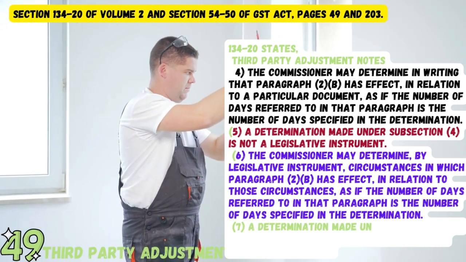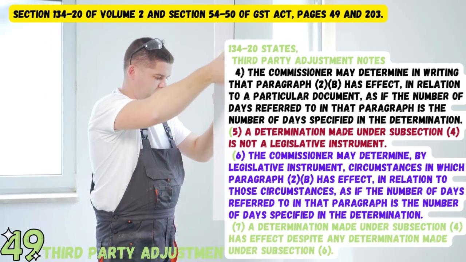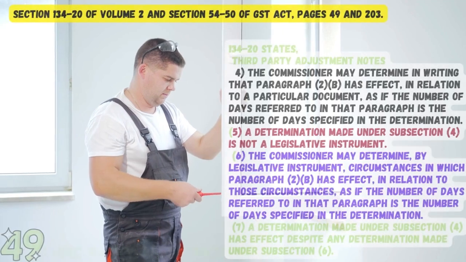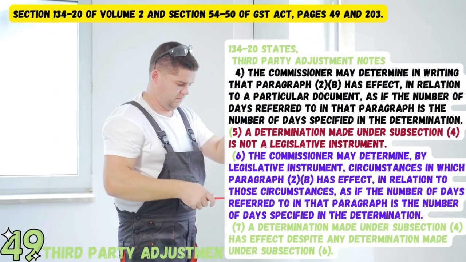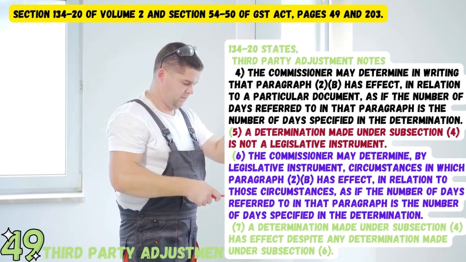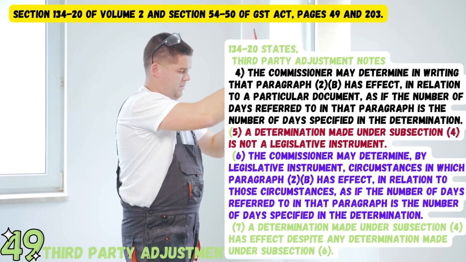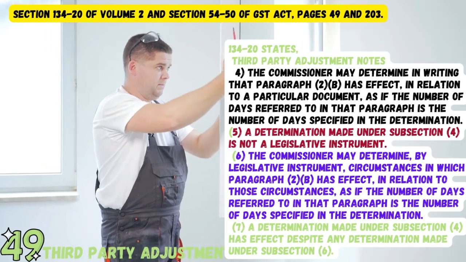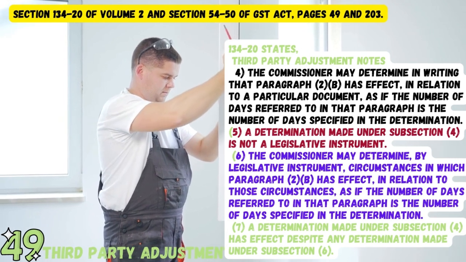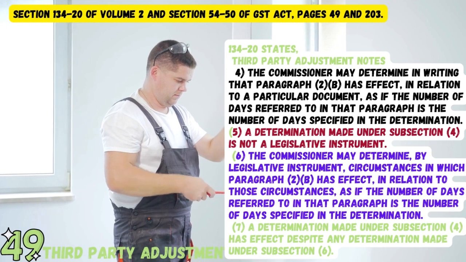The Commissioner may determine, by legislative instrument, circumstances in which paragraph 2B has effect in relation to those circumstances, as if the number of days referred to in that paragraph is the number of days specified in the determination. 7. A determination made under subsection 4 has effect despite any determination made under subsection 6.